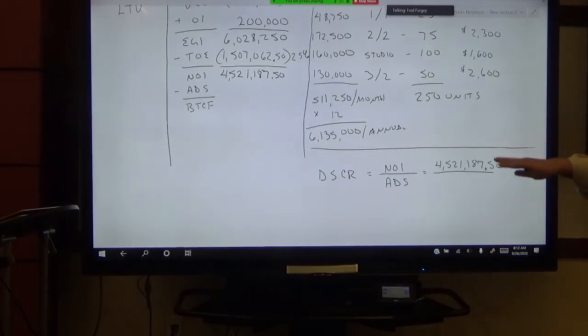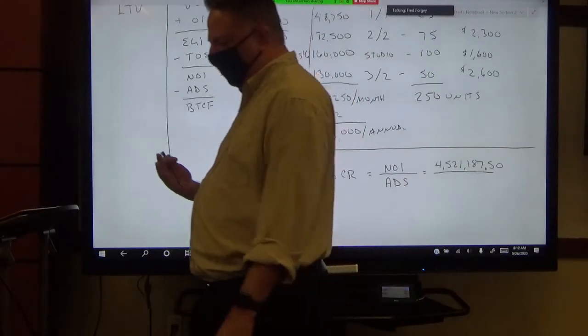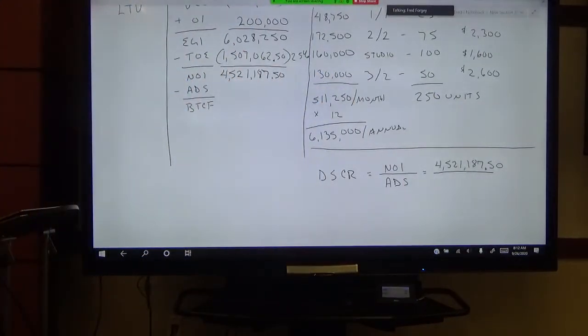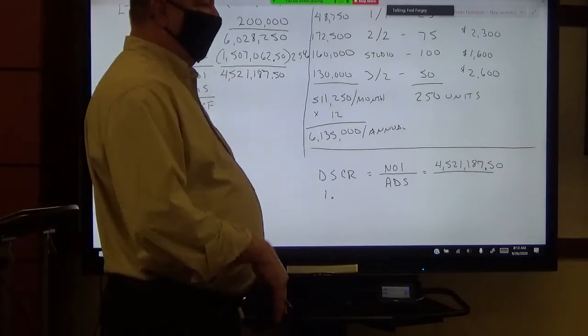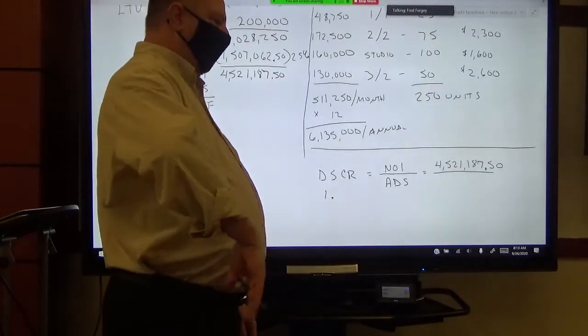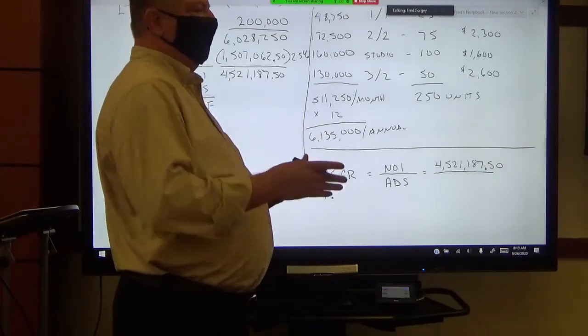So, once again, the lender wants to make sure that they're going to get paid, and there's going to be more than enough money there to pay them back. Now, that's where they go about setting the debt service coverage ratio. Normally, at a minimum, in my career, I have seen this number get as low as 1.1 and as high as 1.6.